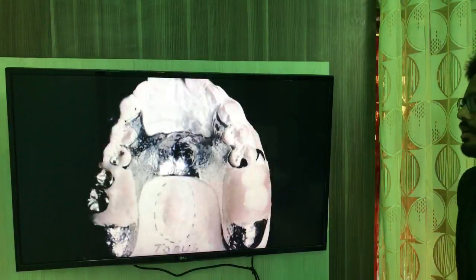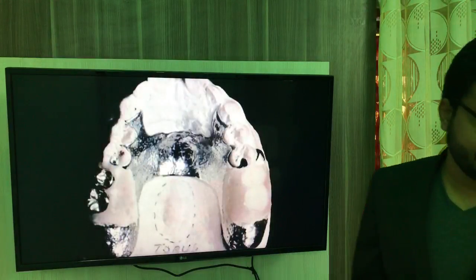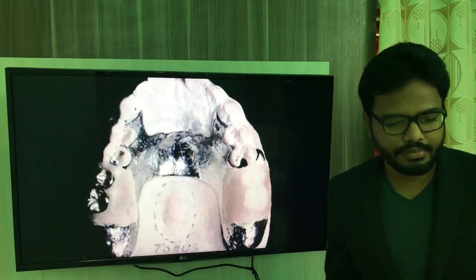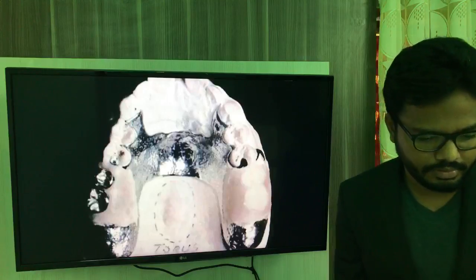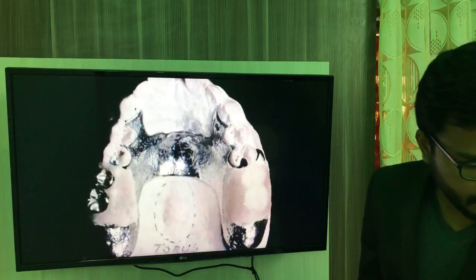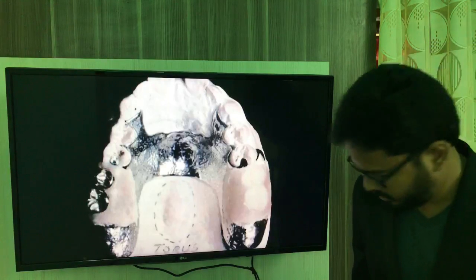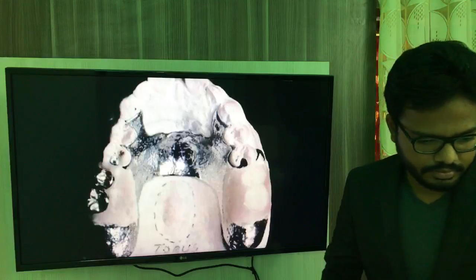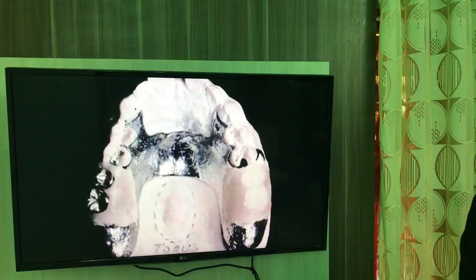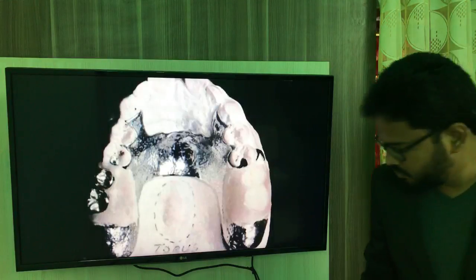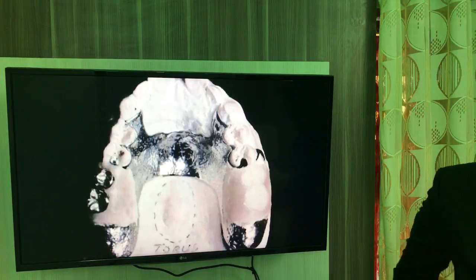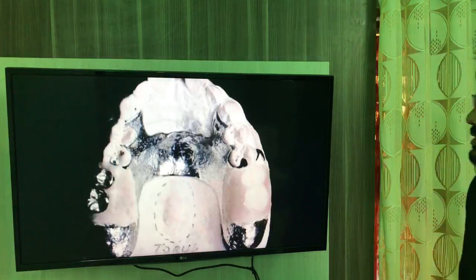And what does this image represent? So obviously it's a palatal strap.